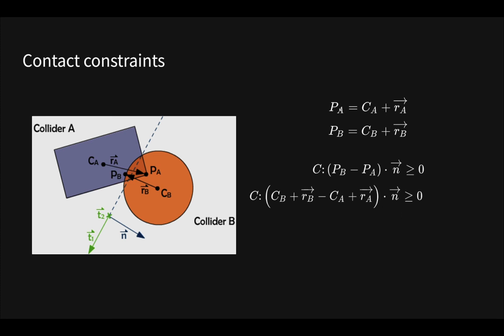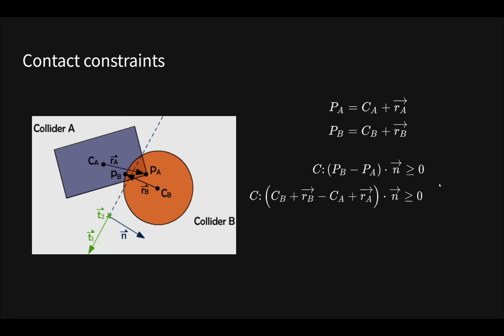So we can substitute in with PA and PB, and we get the full expression here. And do notice that this is like an inequality constraint, right? We have greater than or equal to, because it doesn't really matter if it ends up greater, and it might end up being greater as we solve the constraints.